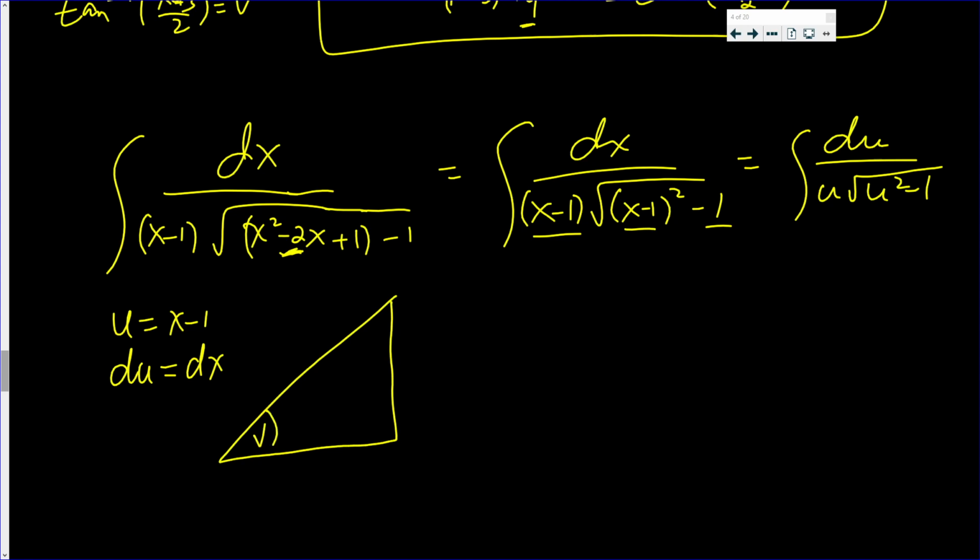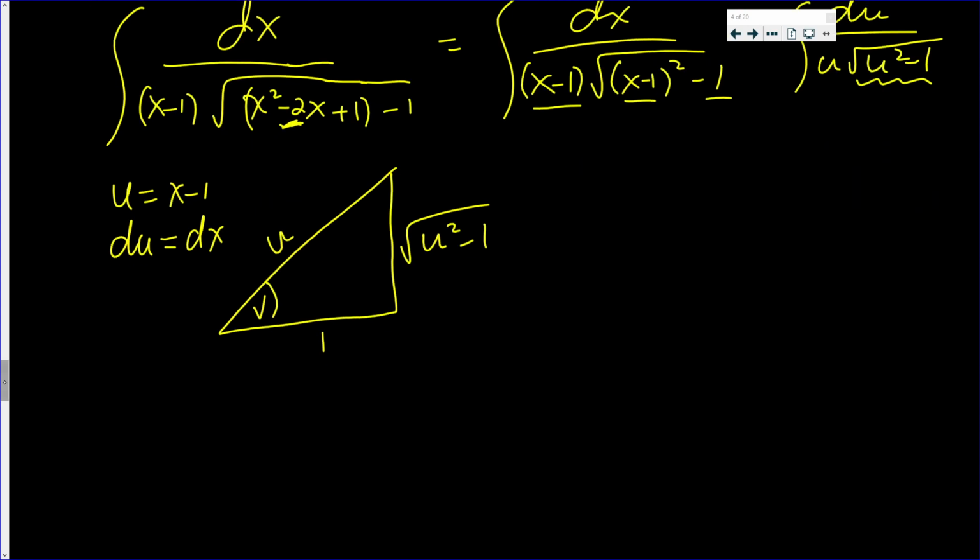That's what's important. I want to write this using our triangle. It's positive u squared, so the square root of that goes on the hypotenuse. And it's minus 1 squared, so 1 goes on one leg and the square root goes on the other leg. Now, the secant of v is u over 1, or u.